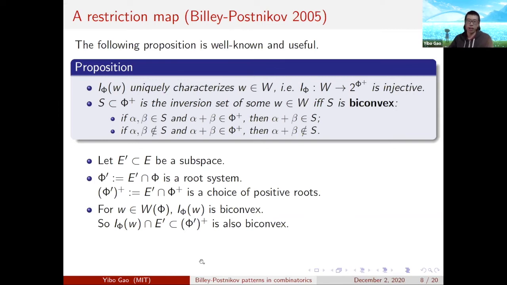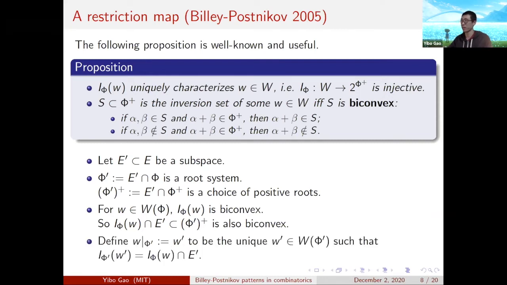And you can check that the intersection of my biconvex set with this smaller subspace is also biconvex. This is not very hard to check; it should be very believable.